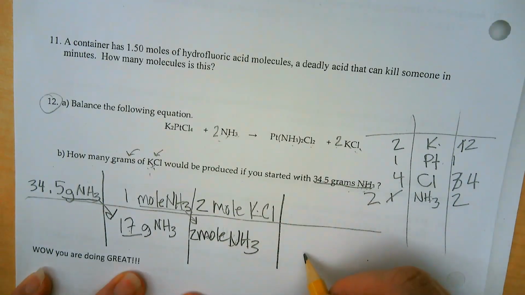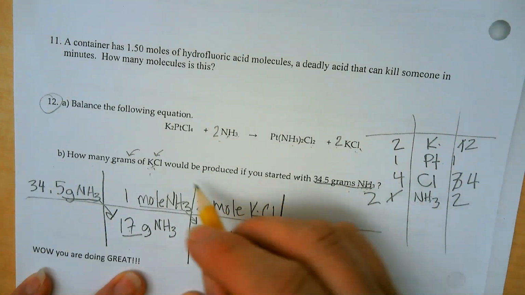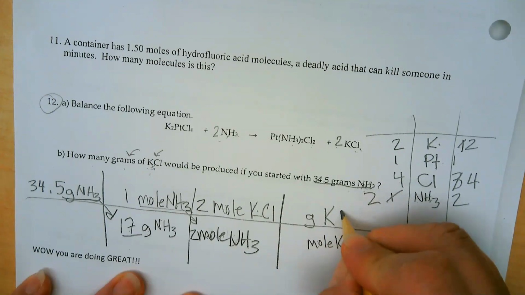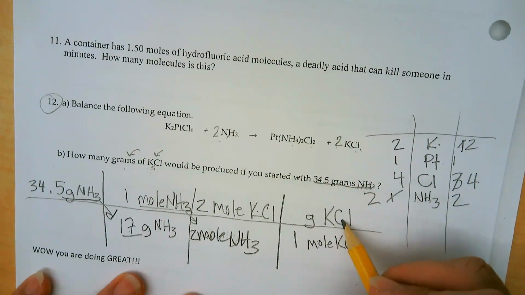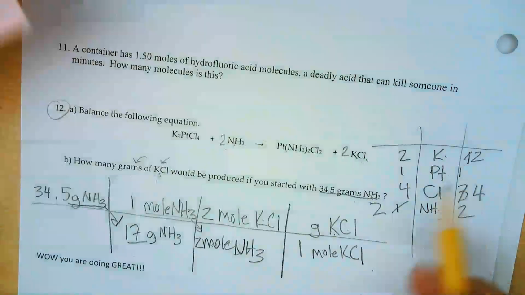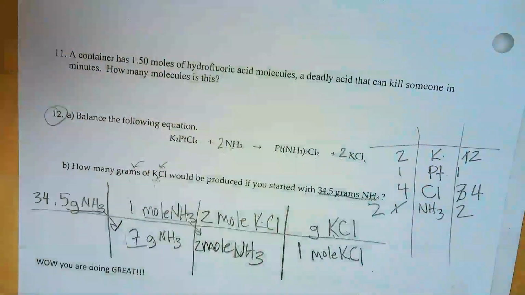And so we take that, bring it down here. And we want grams of KCl. So 1 mole of KCl is how many grams of KCl? Well, potassium has a mass of 39, and chlorine is 35 and a half.